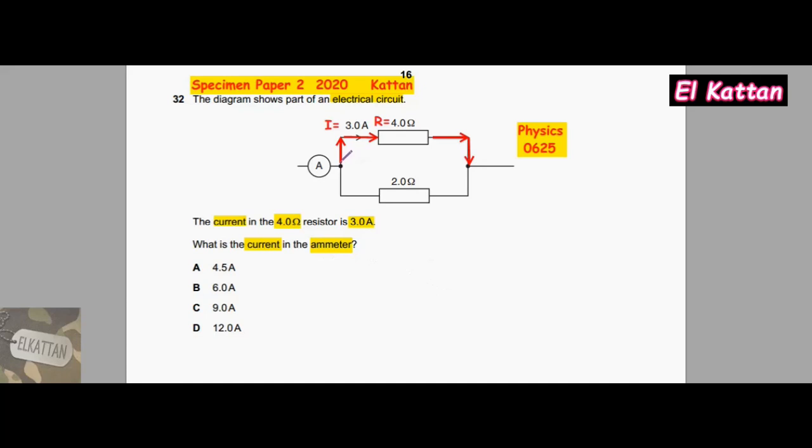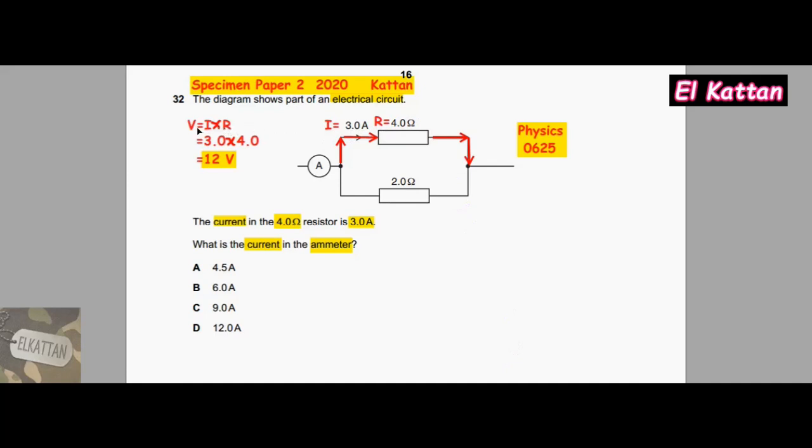As shown in the diagram, the electric current, which is 3 ampere, passes through the 4 ohm resistor in the first branch. So the value of the electric current is 3 ampere, and the value of the resistance is 4 ohm. Find out the relation between the electric current and the resistor.